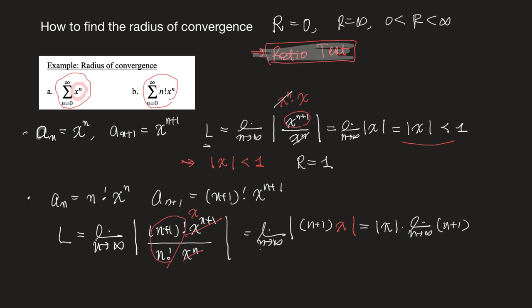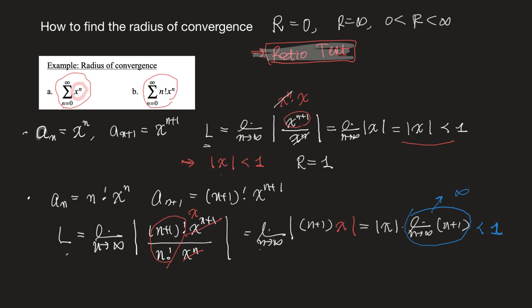Okay, what do you know about this? We are asking which x values make this limit, by the ratio test, less than 1. But you know this is going to infinity, getting bigger.